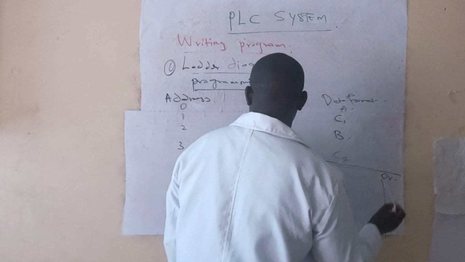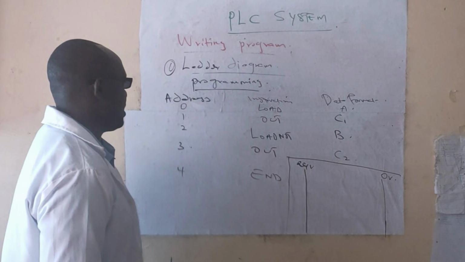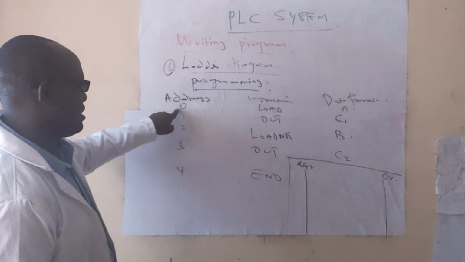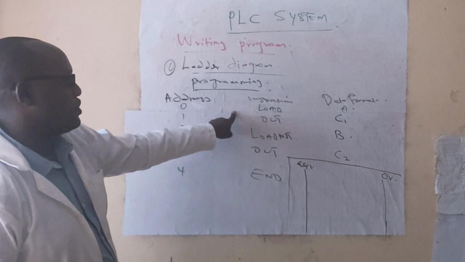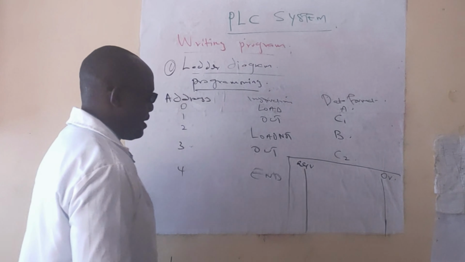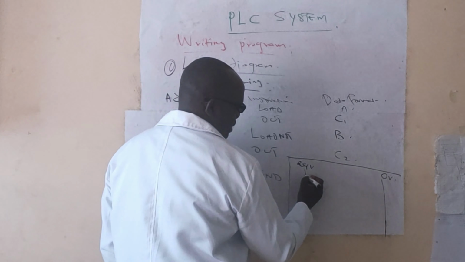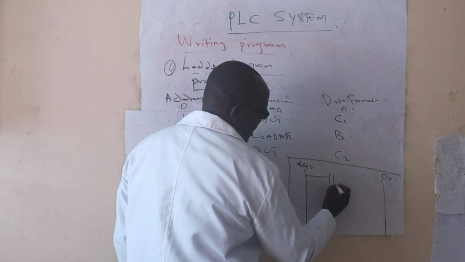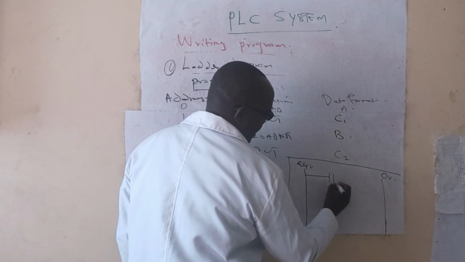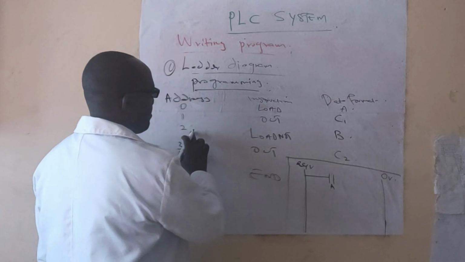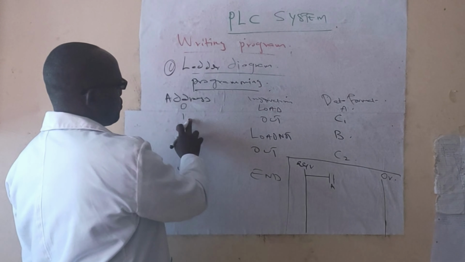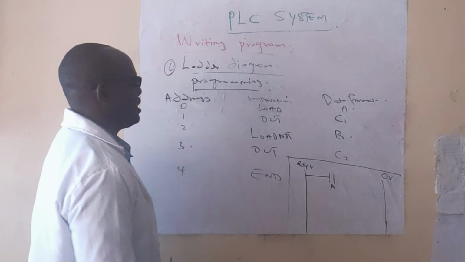Then you start from address 0, which is load A. So load A, you draw that, then represent A.